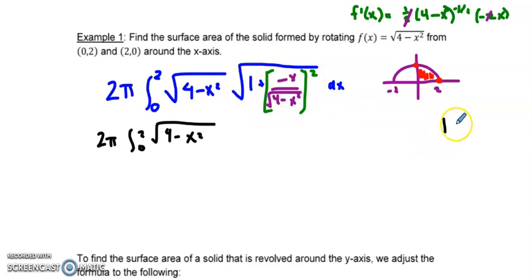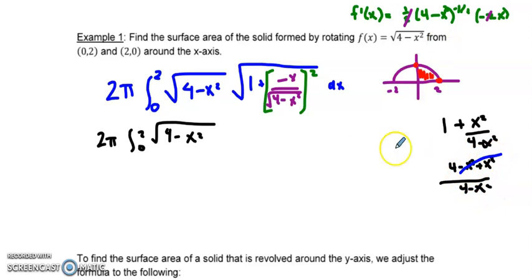Underneath the radical is 1 plus x squared over 4 minus x squared. Okay, so if I get a common denominator, I'll have 4 minus x squared plus x squared over 4 minus x squared. And as you can see, the plus or minus x squareds will cancel.